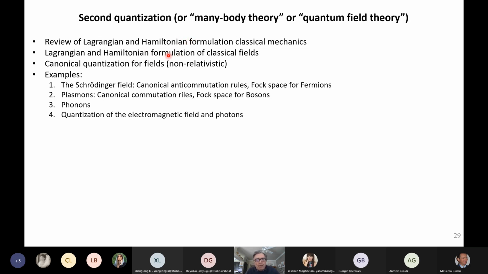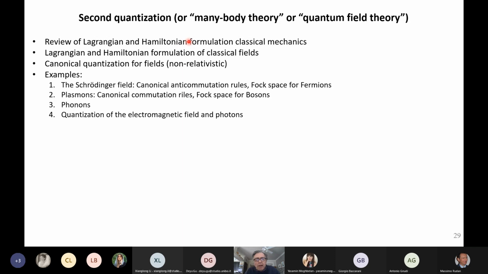Then we'll go into fields, which means that if I have, say, a single particle in three-dimensional space, I have 3 degrees of freedom, so I can use my canonical coordinates as q sub 1, q sub 2, q sub 3, with the canonically conjugated momenta p sub 1, p sub 2, p sub 3. So I have an index i, which runs from 1 to 3.